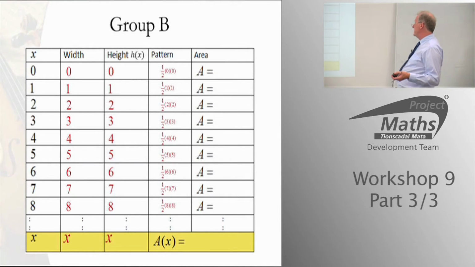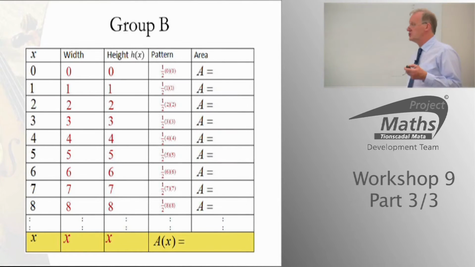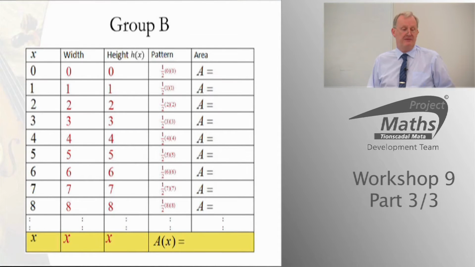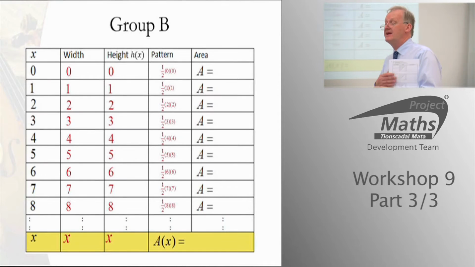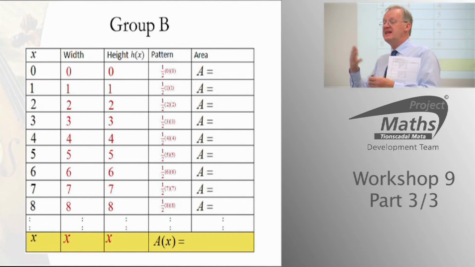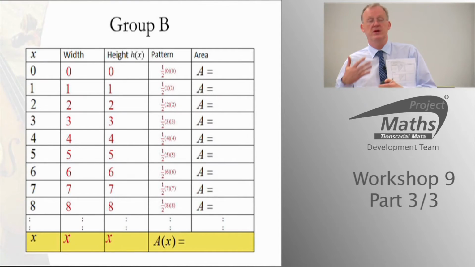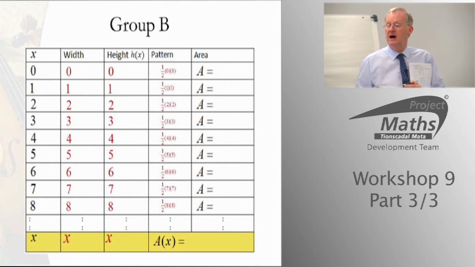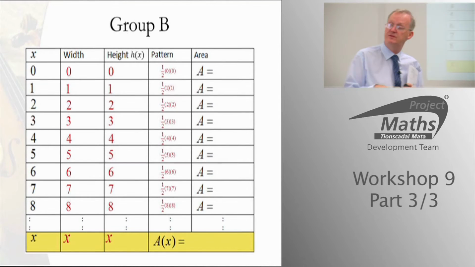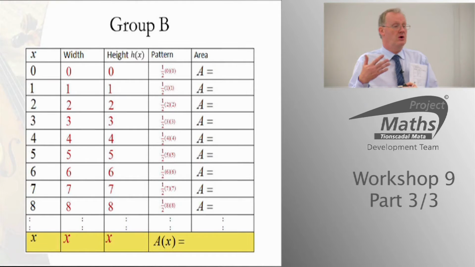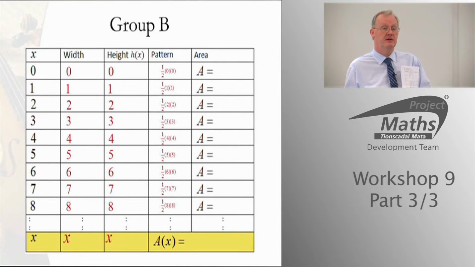So we've seen that the area of those triangles is half 1 by 1, half 2 by 2, half 3 by 3, etc. But going back to what we had earlier this morning, what's the natural reaction when you've got a table of values? From the problem solving strategies in first, second, third year, you try to spot a pattern.